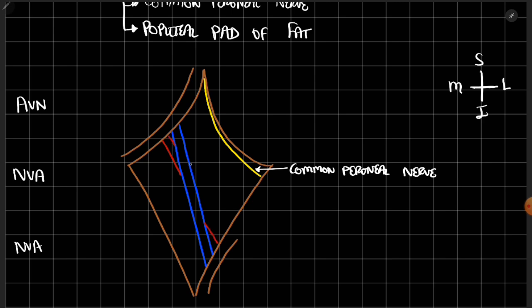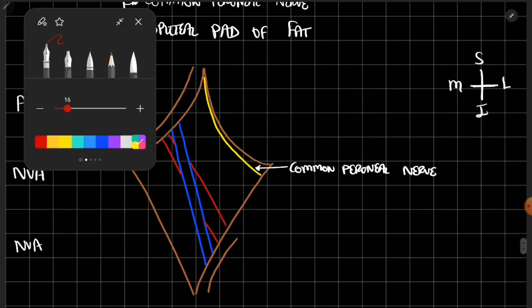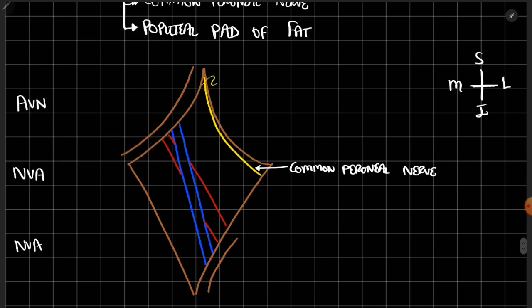You should draw like this. And then the tibial nerve. So draw the tibial nerve like this. So now this is the basic of drawing the popliteal fossa contents.